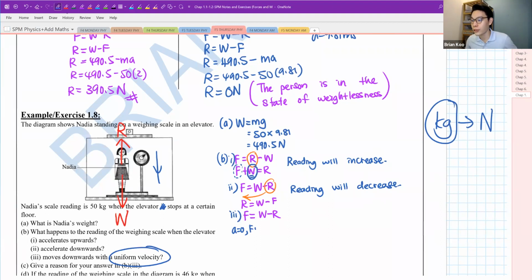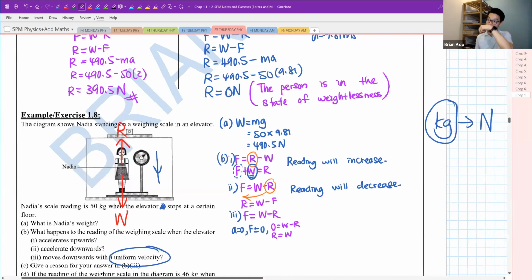Therefore, F also is 0. And your reading is just going to be W. So in part 3, the reading is unchanged. The reading will just be her weight.